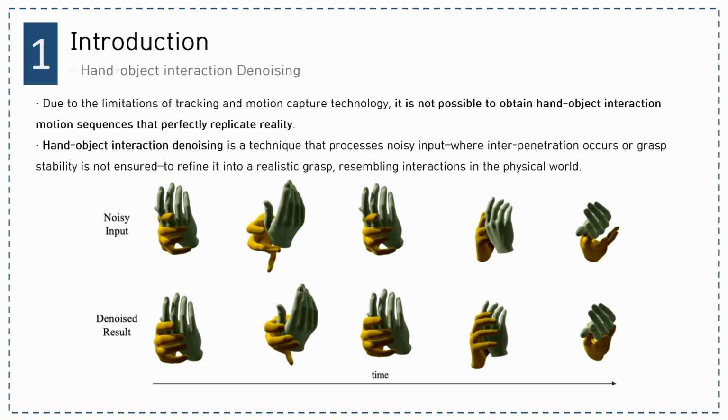This technology aims to process noisy input with interpenetration issues or unstable grasps, producing a denoised output that resembles a realistic grasp.